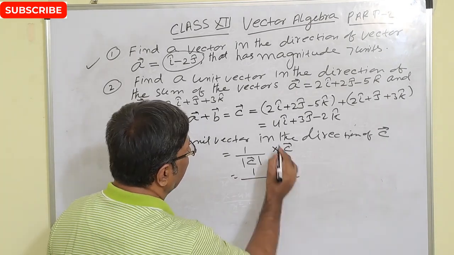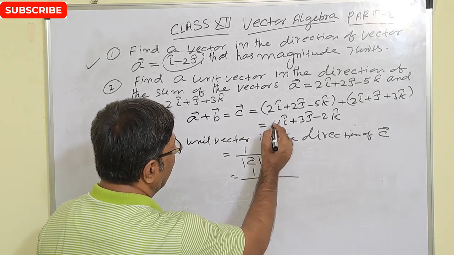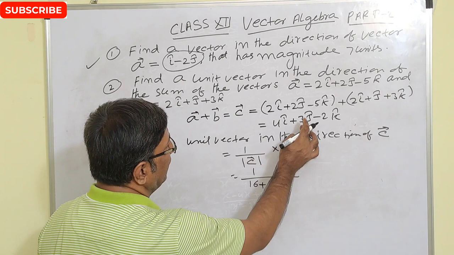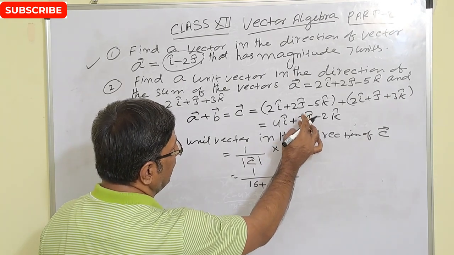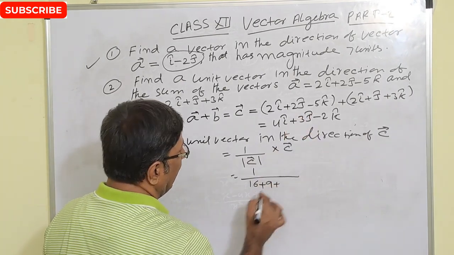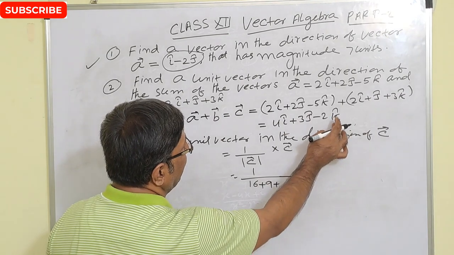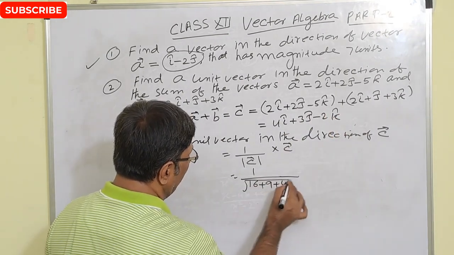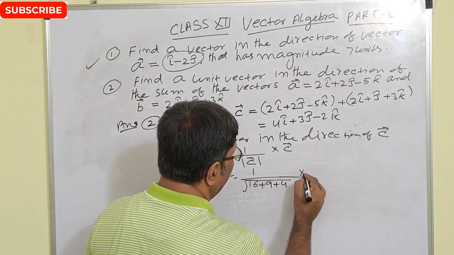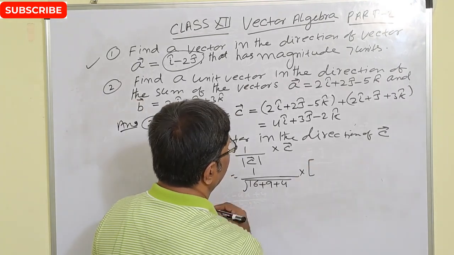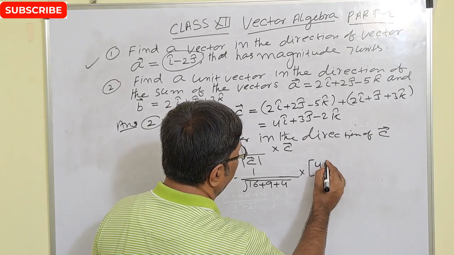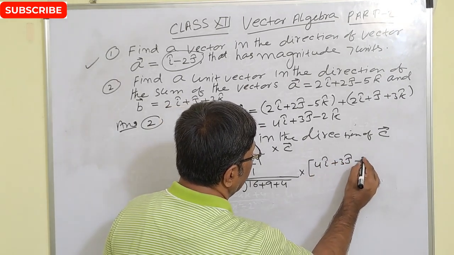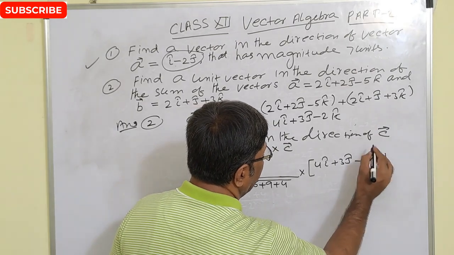Coefficient of unit vector i is 4, so 4 square is 16. Coefficient of unit vector j is 3, so 3 square is 9. Coefficient of unit vector k is minus 2, so minus 2 square is 4. So this is root over 16 plus 9 plus 4, that is 29. Now multiply by the C vector, which is 4 unit vector i plus 3 unit vector j minus 2 unit vector k.